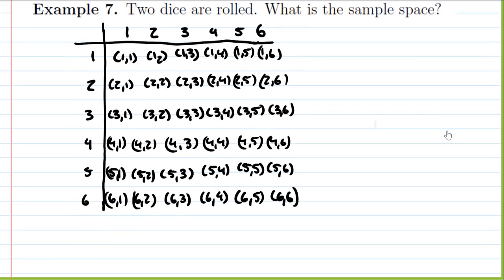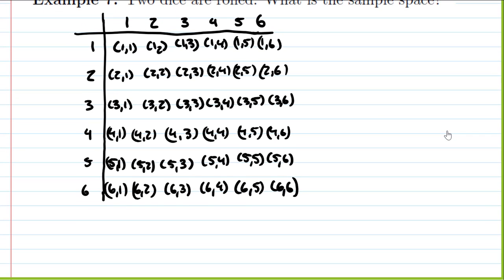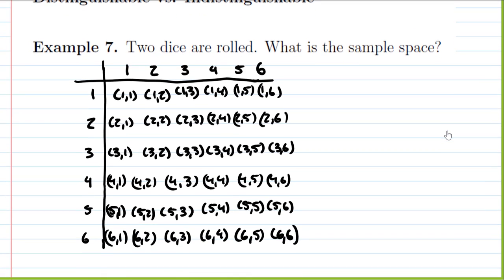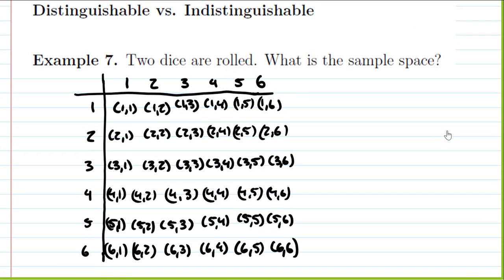Indistinguishable because it's the same dice, right? Well, if I have 36 things listed, can I tell these dice apart? Am I counting this event right here, 1, 2, as different from a 2, 1? Yes, right? So in this case, there are 36 when they're distinguishable. So this is the example of distinguishable.